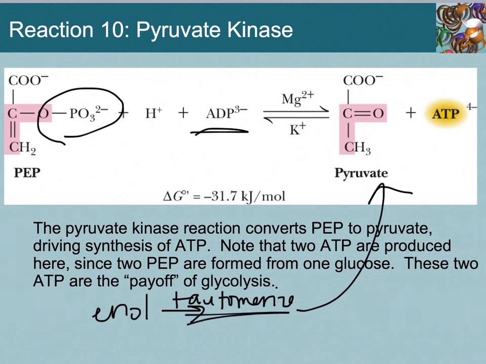This tautomerization from the enol to the ketone is what drives these last two steps of glycolysis, reaction 9 and reaction 10. Just to show you the tautomerization when we lose the phosphate group, okay?